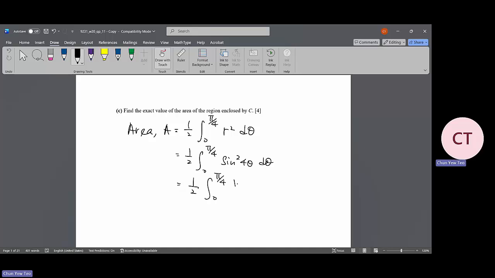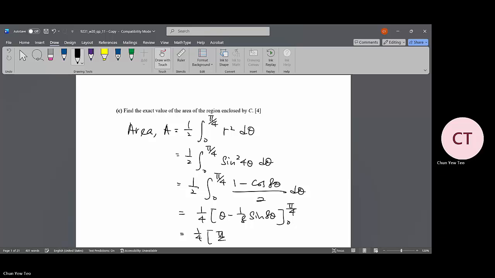You will get 1 minus cos 8 theta divided by 2 d theta. So integrate it, you will get theta minus 1 over 8 sine 8 theta from 0 to pi over 4. Replace it inside. This one is sine 2 pi minus 0. So you will get pi over 16 unit square. This will be the answer for question number 7c.